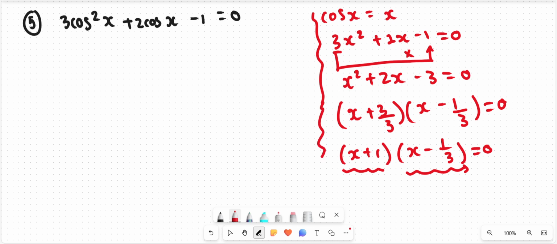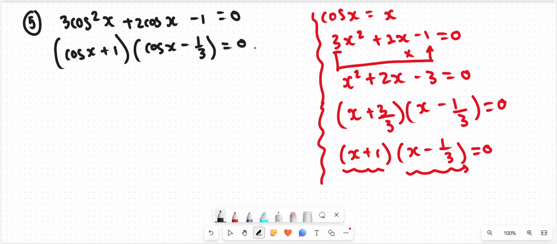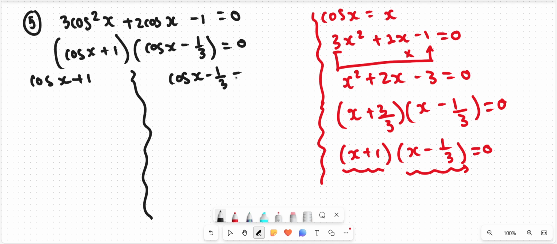So at this point I want to reintroduce my cos back in. So if I write it here, I have a cos x plus 1, and I have a cos x minus a third is equal to 0. Then I could take each of those, cos x plus 1, I need a solution for that, and I need another solution for cos x minus 1 over 3 is equal to 0.